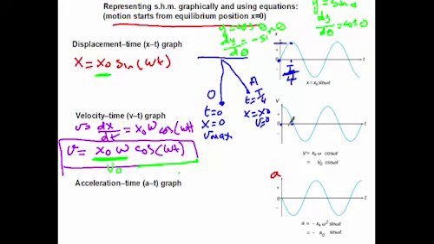Now, what about acceleration? As you know, acceleration is the change of velocity over the change of time. Then we have to derive this equation, and the derivative of cosine is minus sine theta.